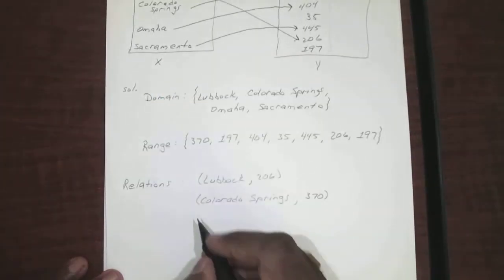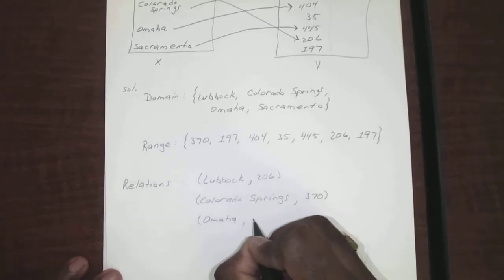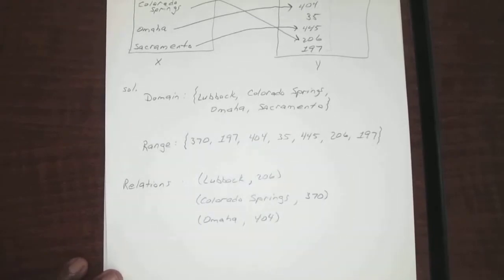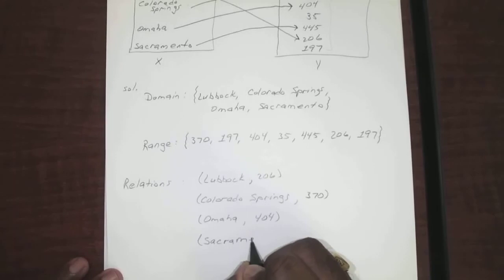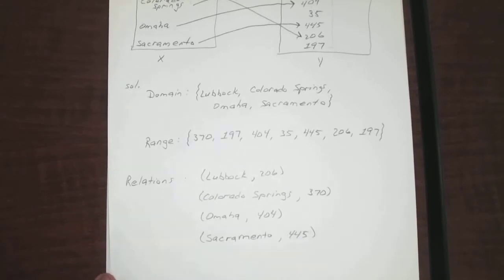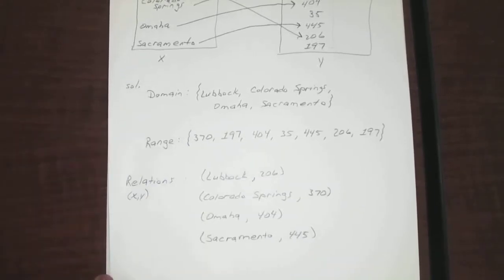Omaha, we know that matched up with 404. And we know Sacramento matched up with 445. Okay, so remember, your relation is always going to be just X comma Y, or your ordered pair.